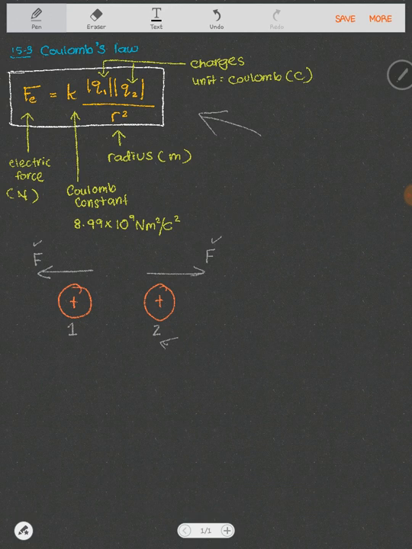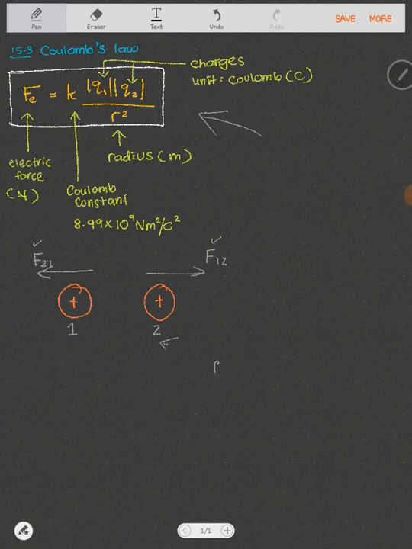So how we can name it is like this: force exerted by charge 2 on 1. So yang ni pula force exerted by charge 1 on 2. Kepada diri dia sendiri tu letak nombor tu kat belakang.